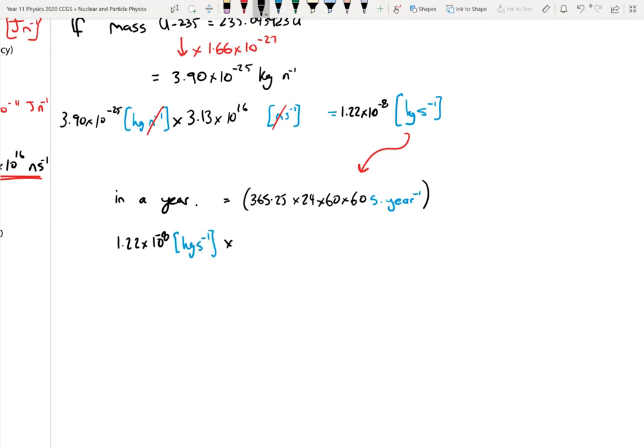I didn't work out what that number was, but let's just write it all out. 365.25 times 24 times 60 times 60 seconds per year. I've just abbreviated my year. Cancel, cancel, and you get 1.06 times 10 to the negative 3 kilograms.